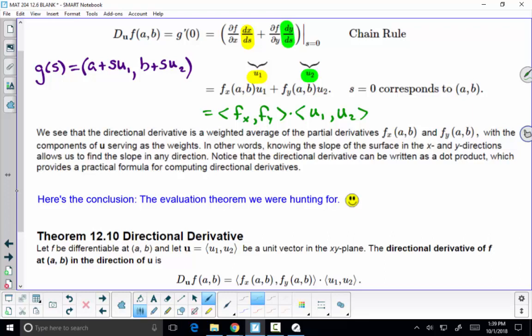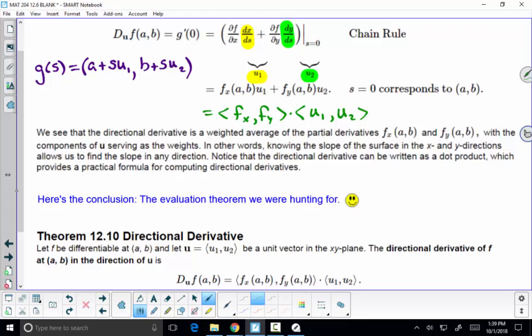So when we choose our unit vector to be 1, 0, we get what we should, the partial derivative of f in the x direction. When the unit vector is 0, 1, we end up with f sub y, which is the rate of change in the positive y direction. And if we're at some intermediate direction, we weight according to the u1 and the u2, which is interesting.